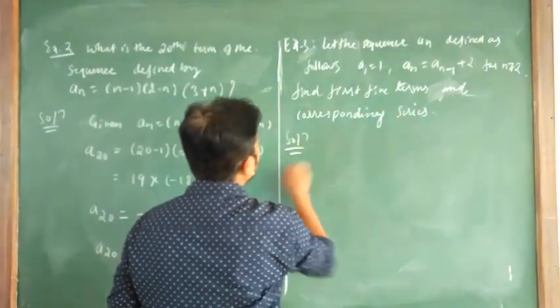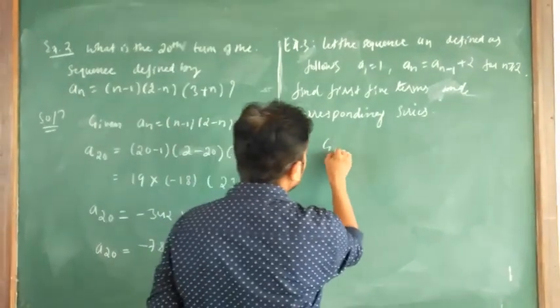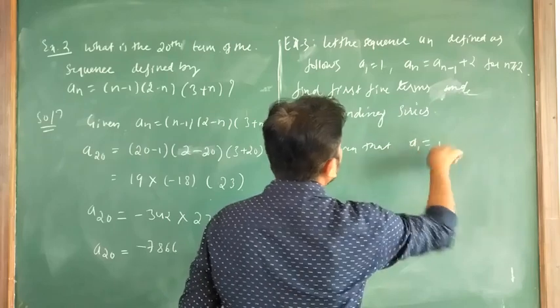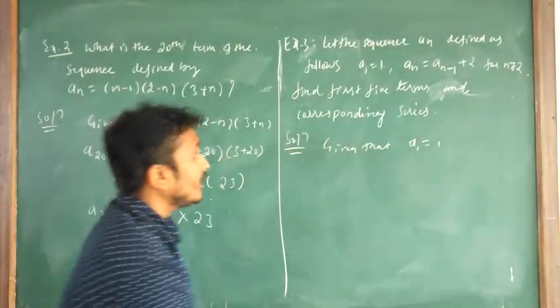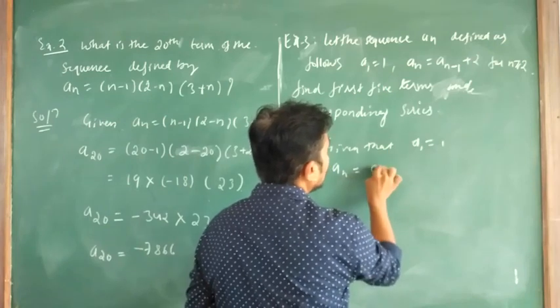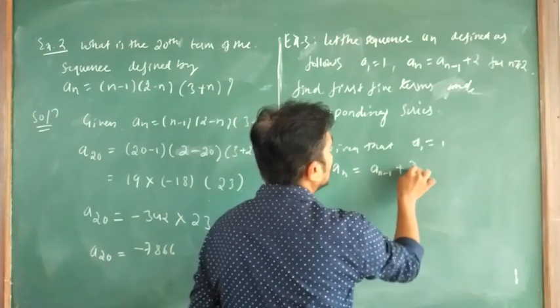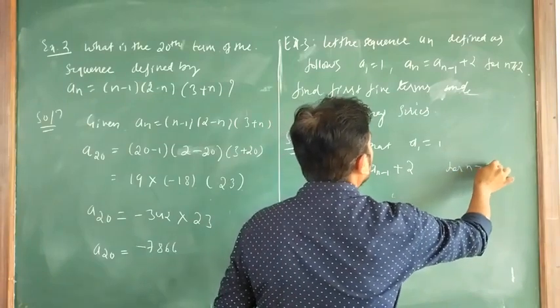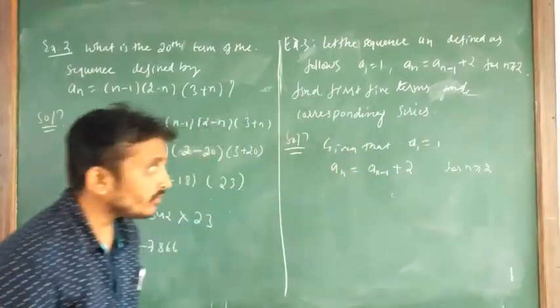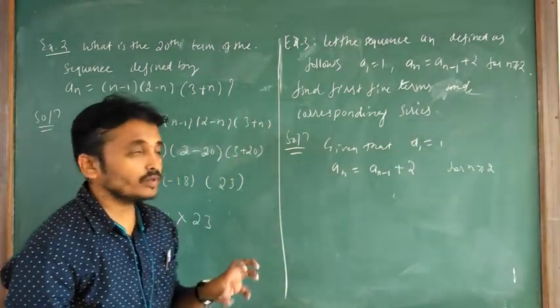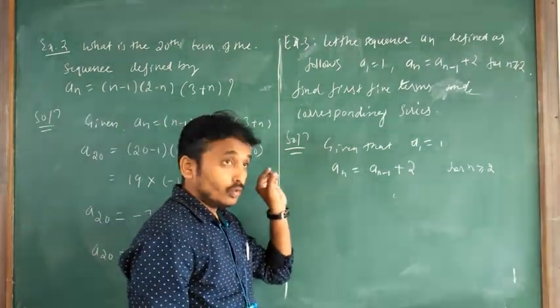Solution. Given that a1 equals 1, the first term, and the general term an equals an minus 1 plus 2, for n greater than or equal to 2, because a1 equals 1 is already given. Therefore we substitute n equals 2 and more.